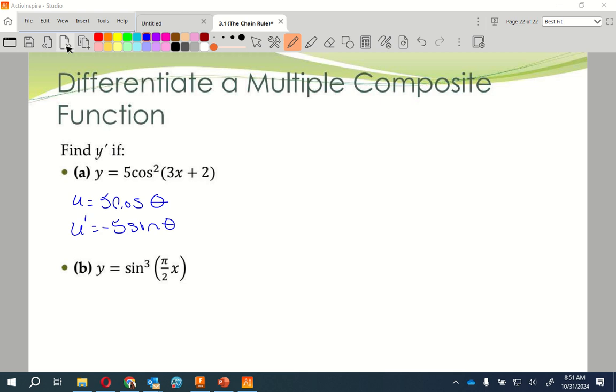But we don't have theta in here, right? So I'm going to say theta is 3x plus 2. And then theta prime is 3.